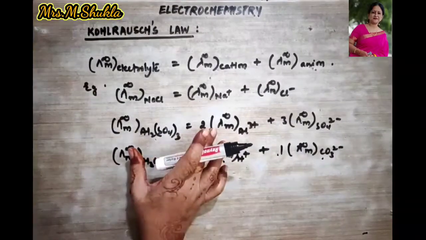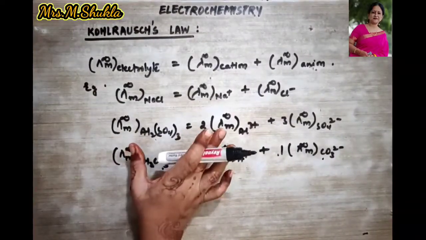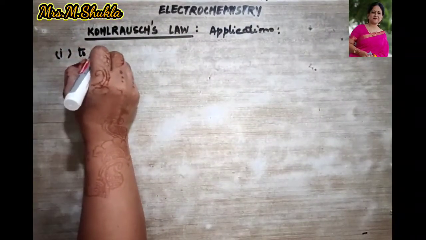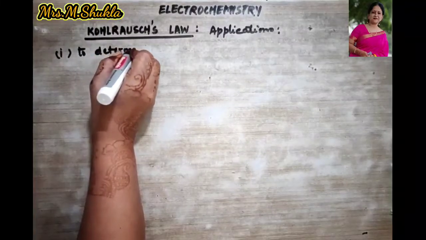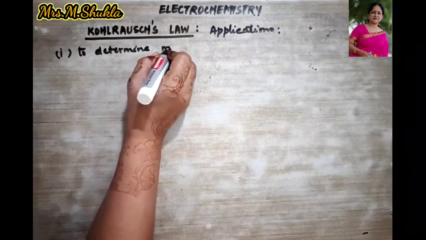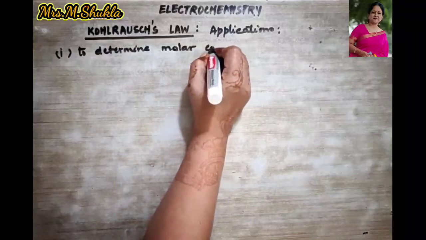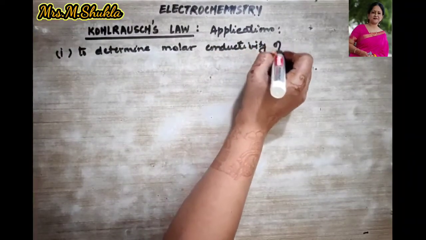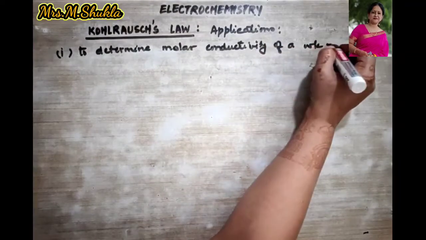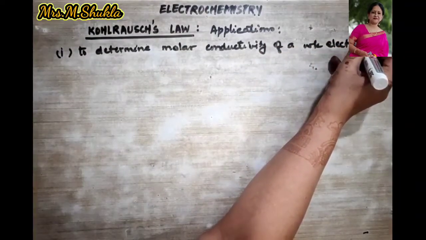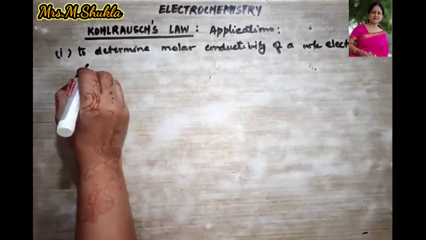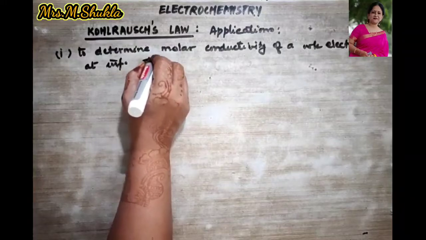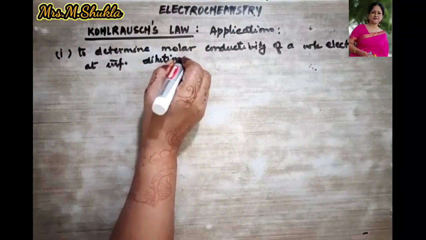Now let us discuss the applications of Kohlrausch's law. Let's move to the first one: to determine the molar conductivity of a weak electrolyte at infinite dilution.